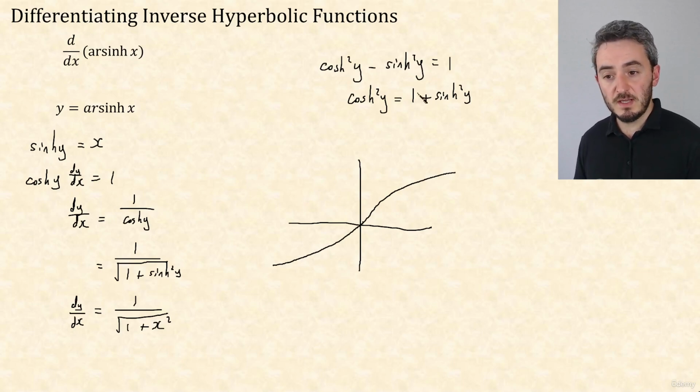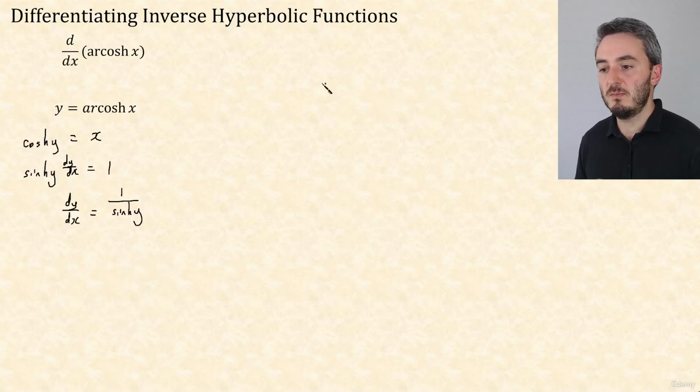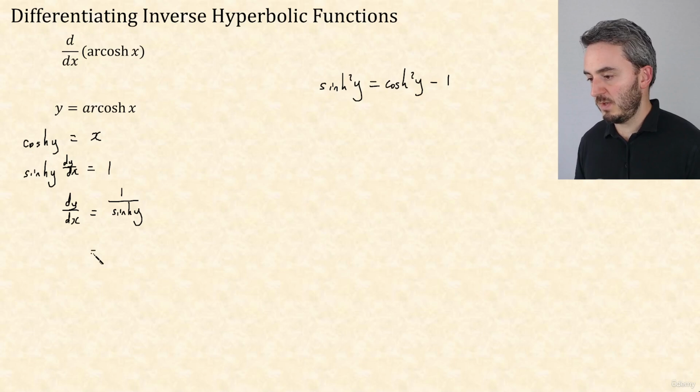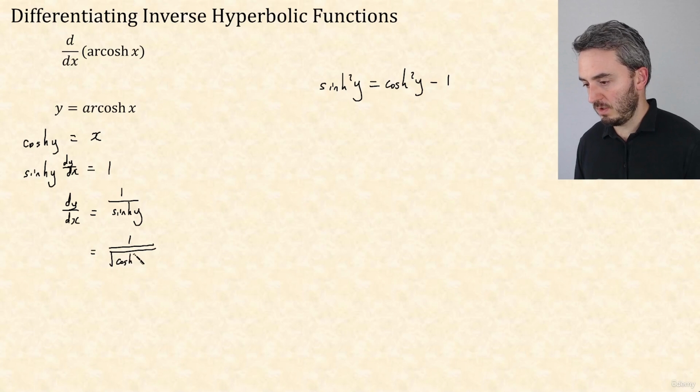And you'll see that if we subtract 1 from both sides here, we get sinh squared y is cosh squared y minus 1, which means we have 1 over the square root of cosh squared y minus 1, which is 1 over the square root of x squared minus 1.